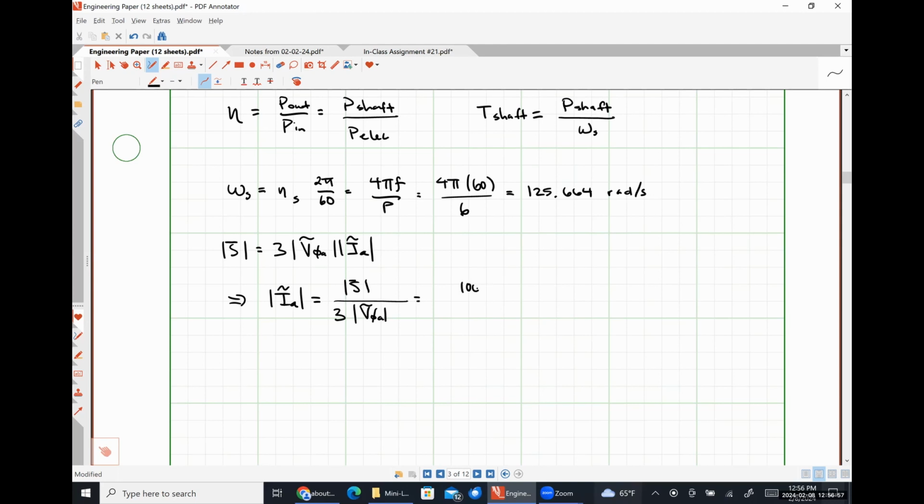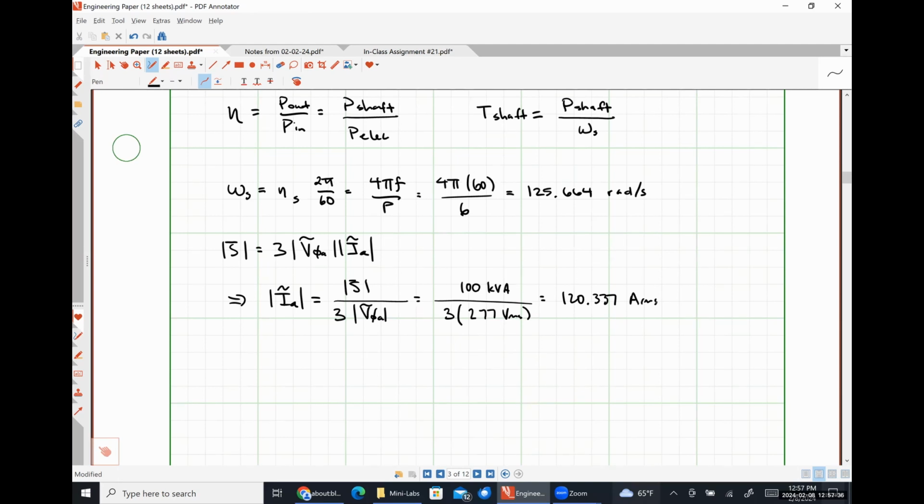So that's going to look like 100 kVA divided by 3 times 277 volts RMS. So 100,000 divided by 3 times 277. I get 120.337 amps RMS.